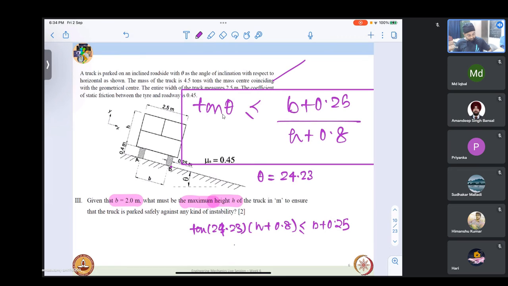So we get H less than or equal to 4.2 meters. So the maximum height to ensure that any kind of instability is avoided, when we have a governing angle of the two which we derived in the previous sections, turns out that the maximum height of the truck can be 4.2 meters, given that B is 2 meters.